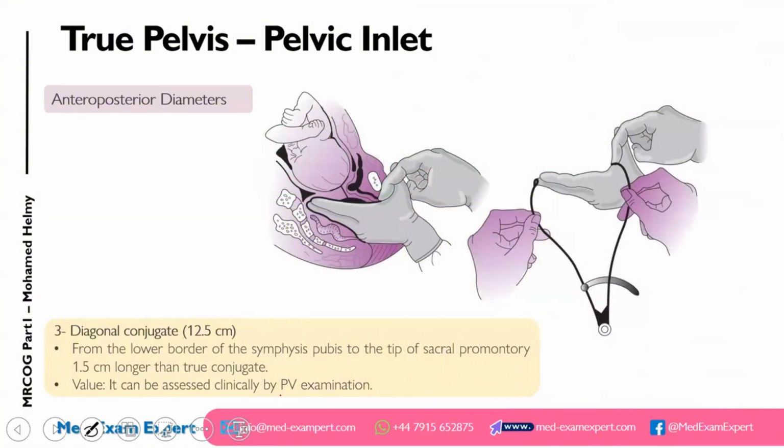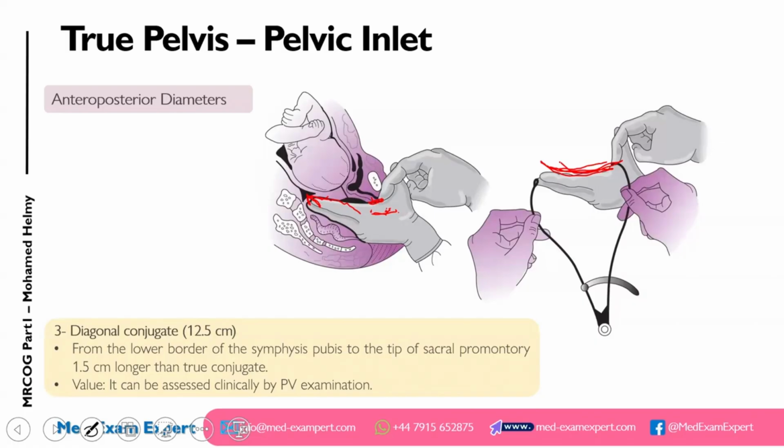So when you put the fingers below the symphysis pubis here, you can measure the distance between the lower end of the symphysis pubis till the sacrum posteriorly, or the sacral promontory posteriorly. You can then measure the length of this diameter, and this is the one we can measure or assess clinically without imaging, I mean. Okay, this is called the diagonal conjugate.